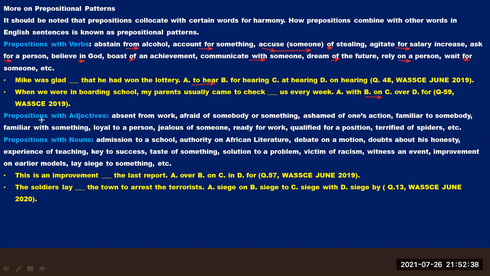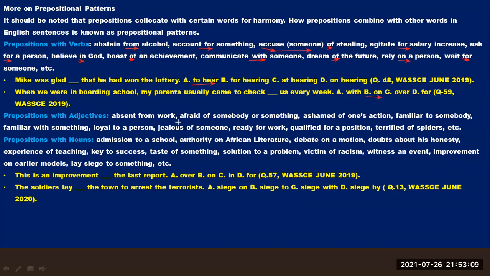Now let's look at prepositions with adjectives. Certain prepositions collocate with adjectives, just as we saw that certain prepositions collocate with certain verbs. Now, talking about adjectives and prepositions, we have these examples: absent from. You know, when you say absent, it goes with from.